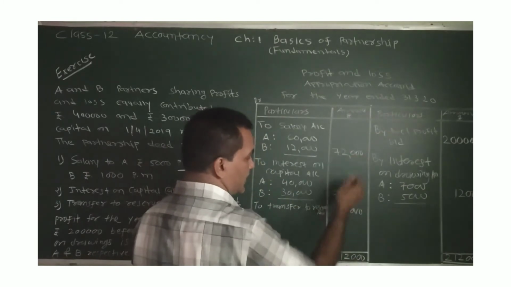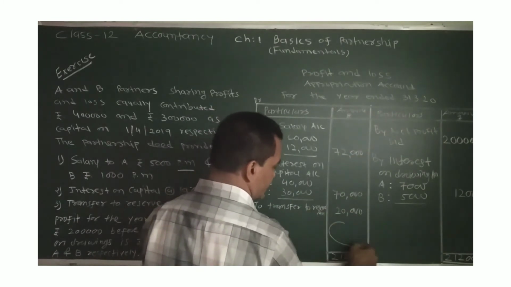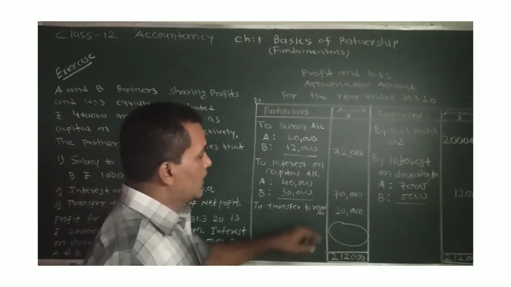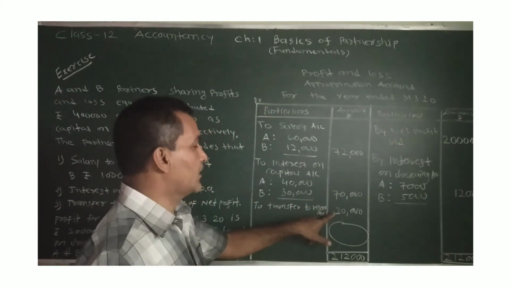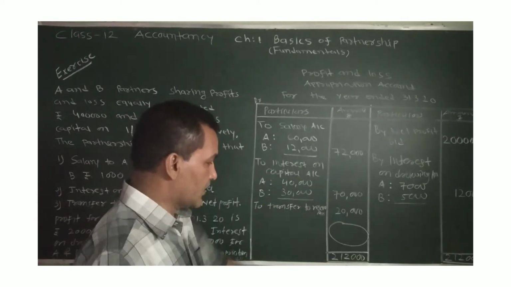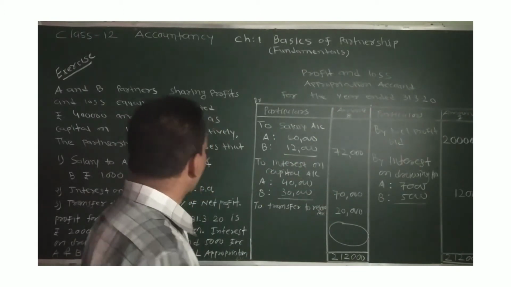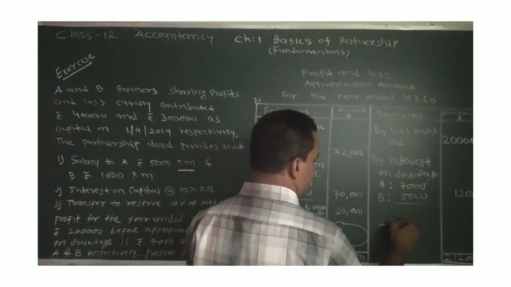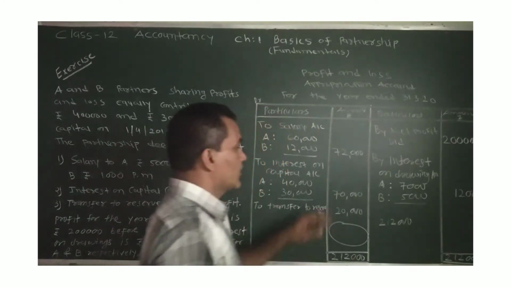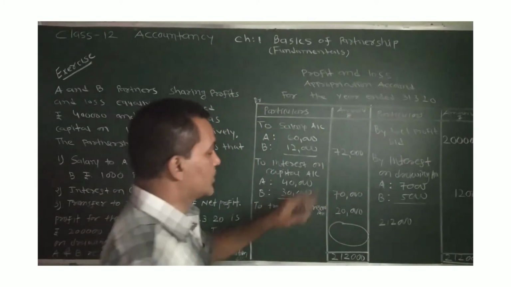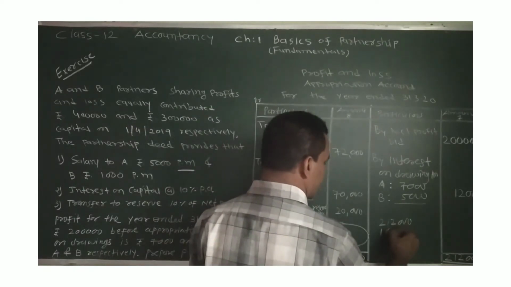From 2,12,000, if you subtract these three items, you will get divisible profit. 70 and 20, 90, and this 70, 1,62,000. So from 2,12,000, the total of these three, 1,62,000, you will subtract.